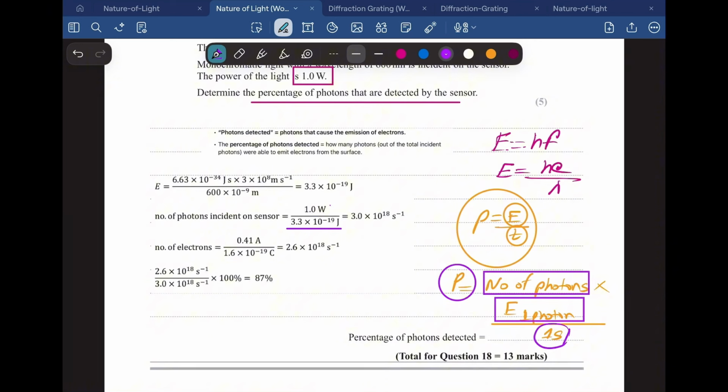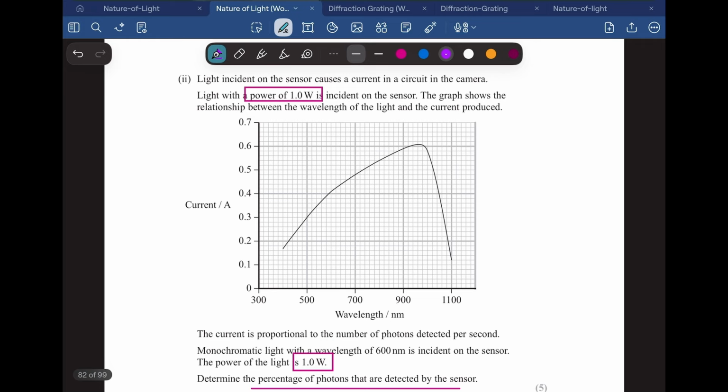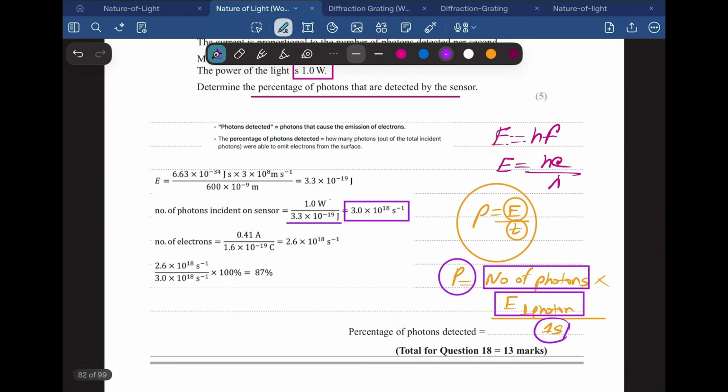So the value will be 3 into 10 to the power 18. This is the total number of photons that were incident on the sensor per second. We are considering per second right here.